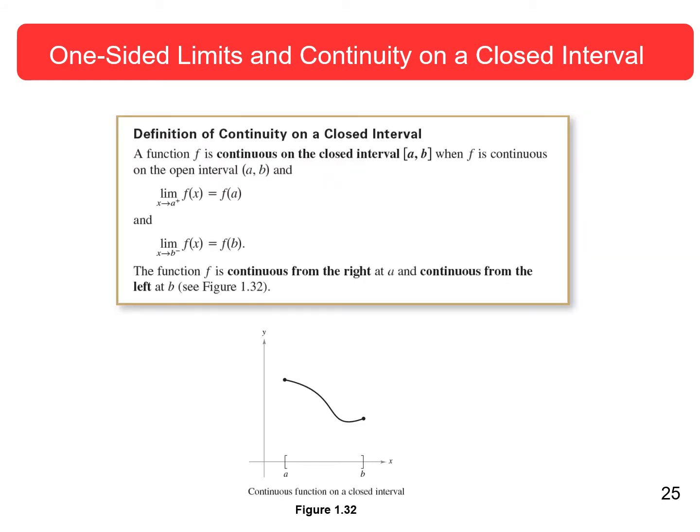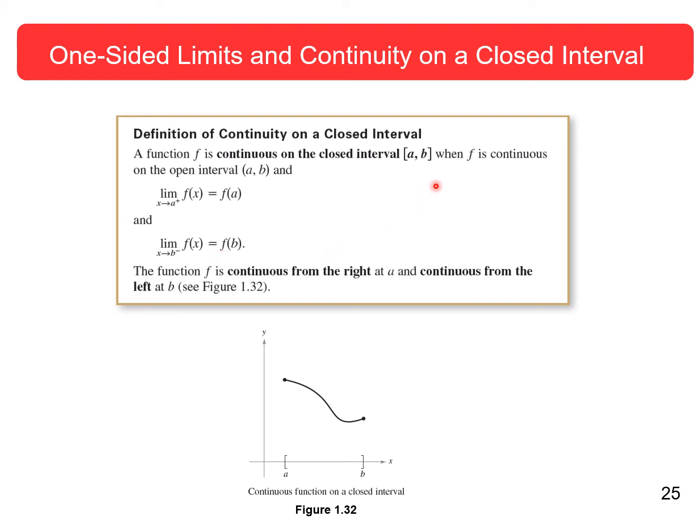We say that a function f is continuous on a closed interval [a, b] when f is continuous in the open interval (a, b), and the limit of f of x as x approaches a from the right is equal to f of a, and the limit of f of x as x approaches b from the left is equal to f of b.